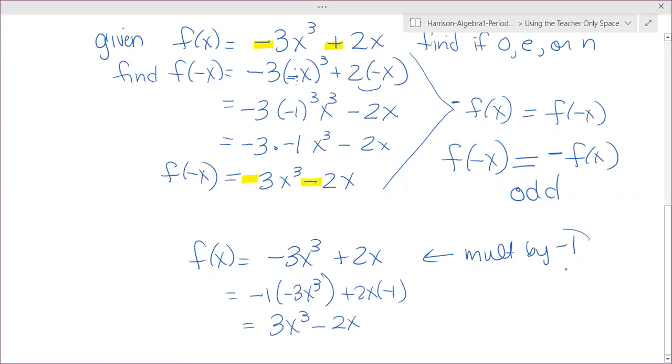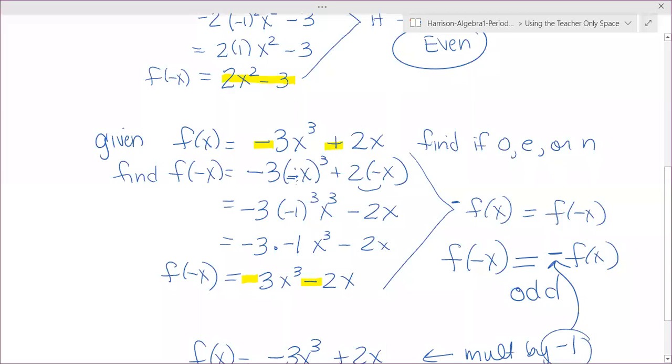So that multiplying by -1 is what we see here. So again, if you plug in -x, and that result is that you get the opposite of the original, then we know that it is an odd function.